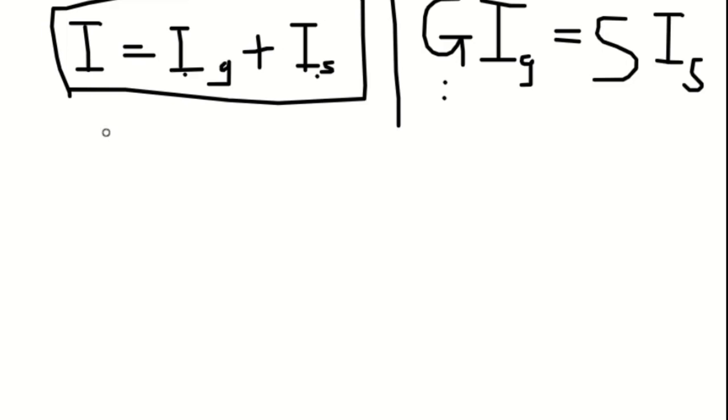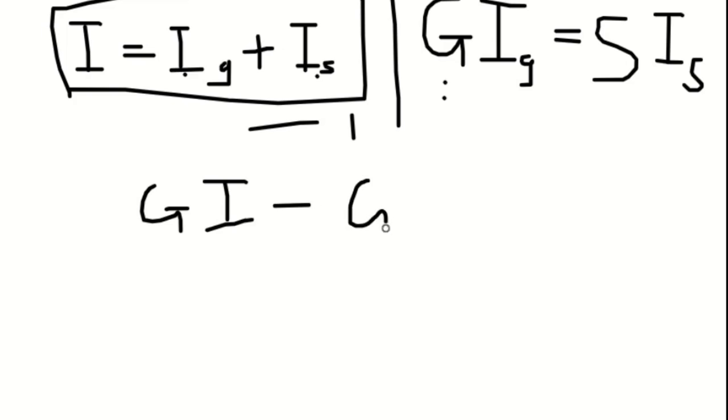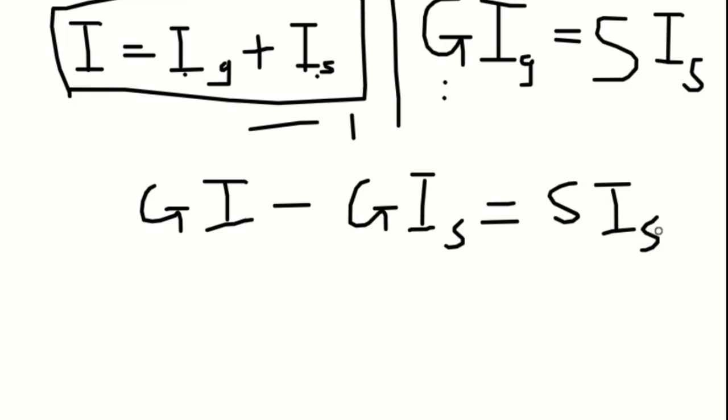Using the first equation, we can write Ig is equal to I minus Is. So if I put here I minus Is, we will get G I minus G into Is, that will be equal to S Is.